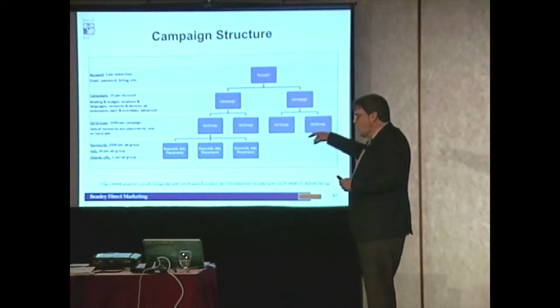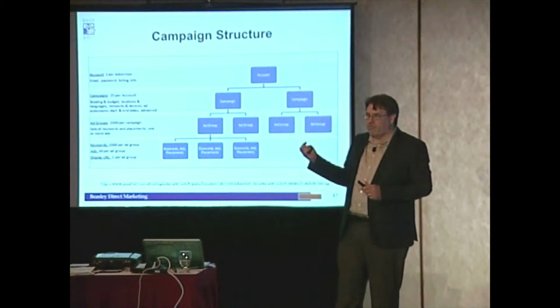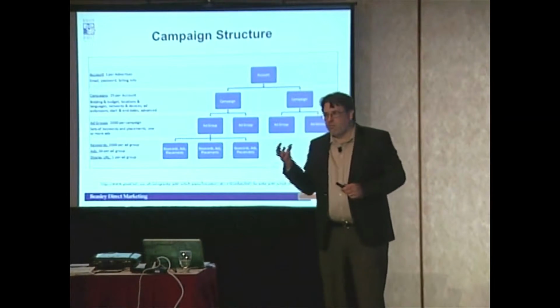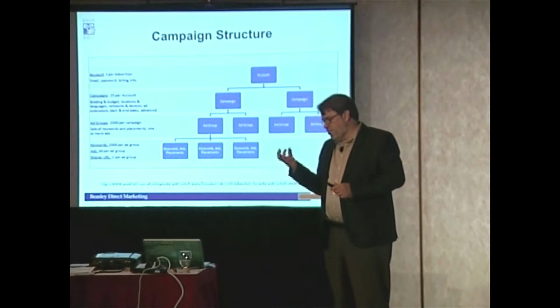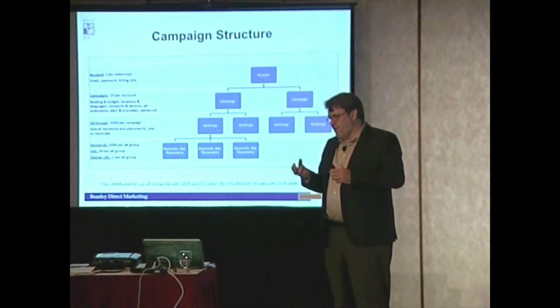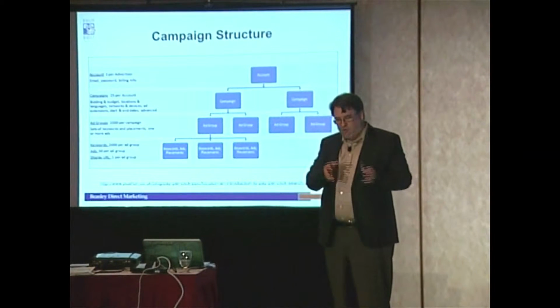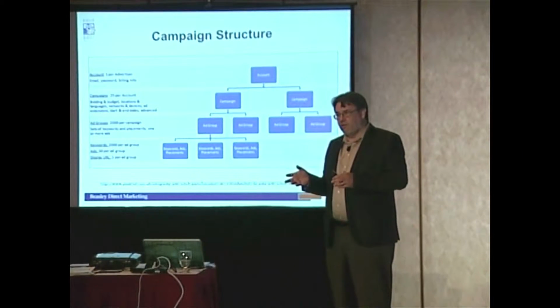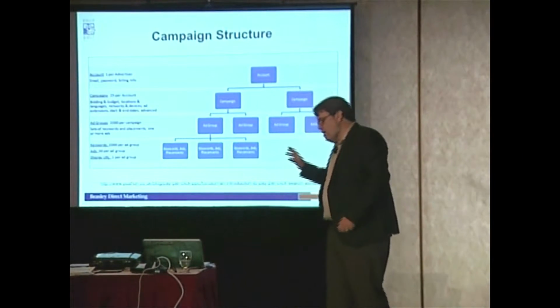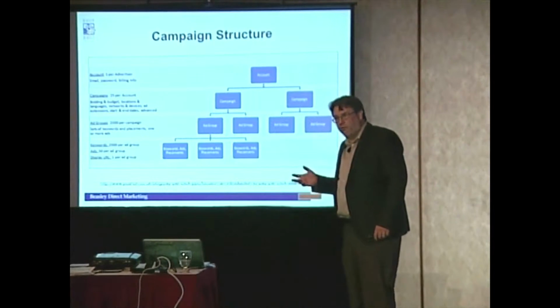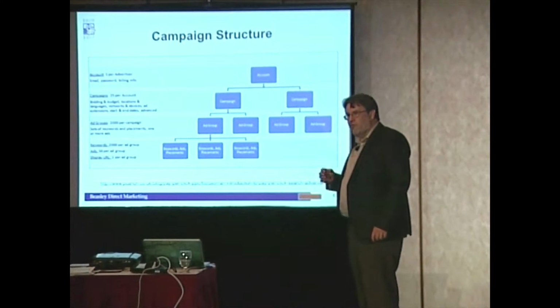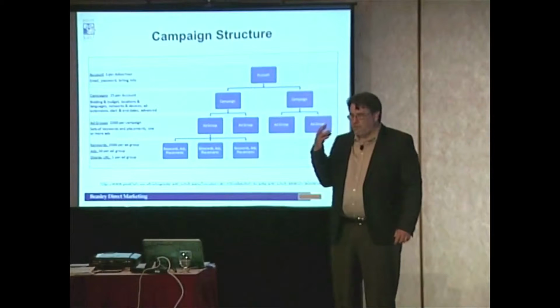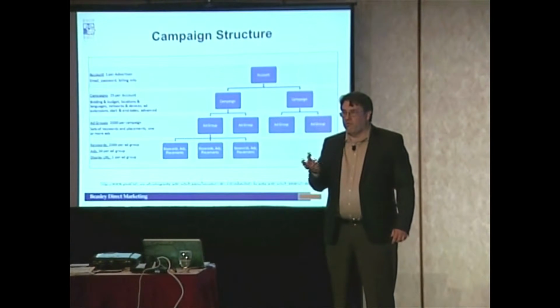Underneath each campaign, you'll have one or more ad groups. Now, your ad group is kind of your base unit of keywords and ads and bids together. So each campaign has one or more ad groups, and each ad group is going to be a number of ads and a number of keywords that will be associated with those ads, and a default bid.